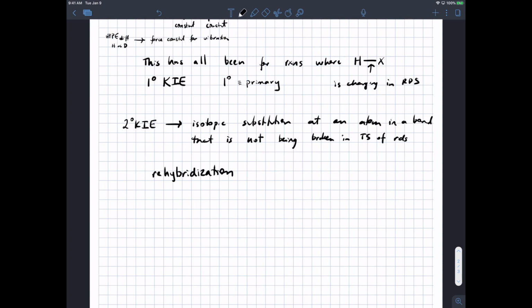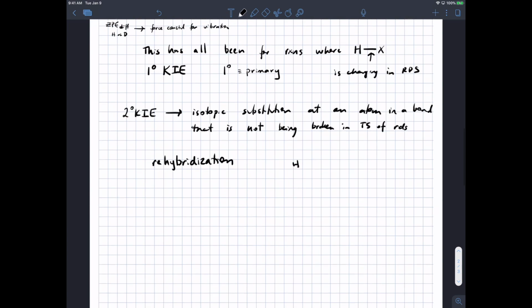As an example, we know that in the E2 reaction, this carbon is going to be going from sp3 to sp2 in the product.